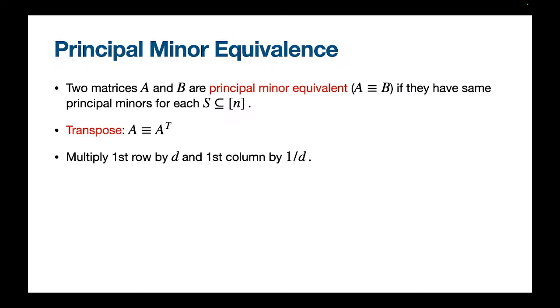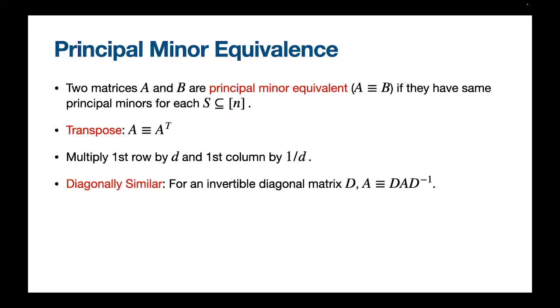So we do not change the principal minors. We can do this operation simultaneously to multiple rows and columns, and this is captured by multiplying the input matrix A with some invertible diagonal matrix on the left hand side and simultaneously multiplying by its inverse on the right hand side. Such a matrix is called diagonally similar to the input matrix.